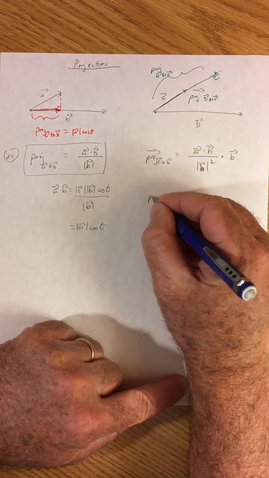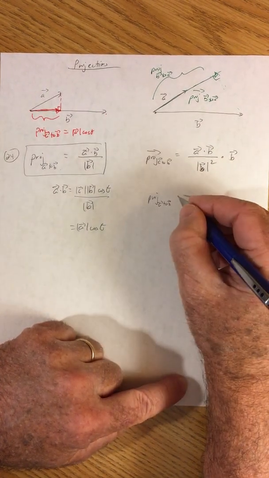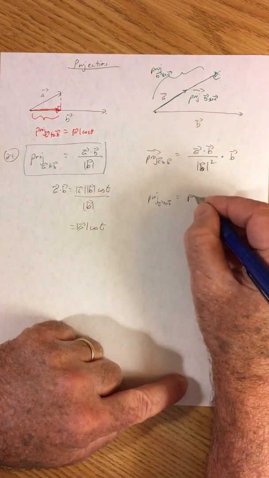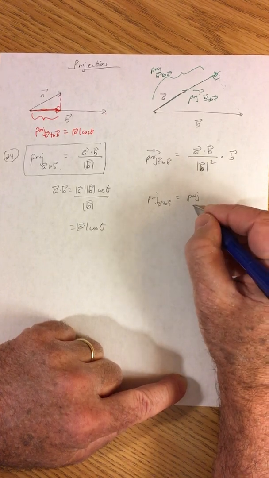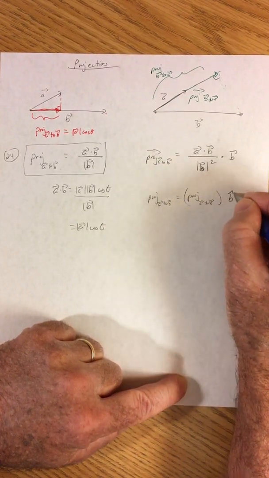Another way of writing it, the way the book writes it, is the scalar projection of A to B times a unit vector.